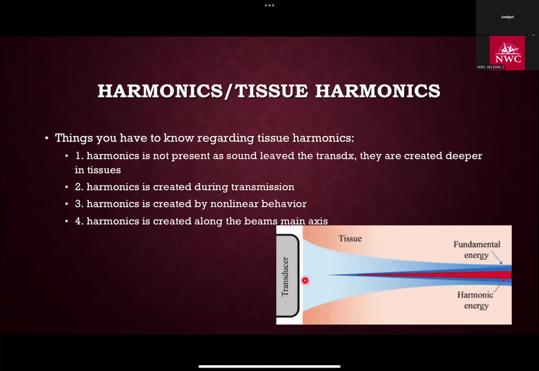So harmonics is not created at very superficial depths. It is created deeper within tissue, as represented in this image, right? Harmonics starts right around this level, which is deeper within the sound wave, which would represent deeper within the tissue as well. Okay, but this picture really does it, and the more you study it, the more it will make sense.